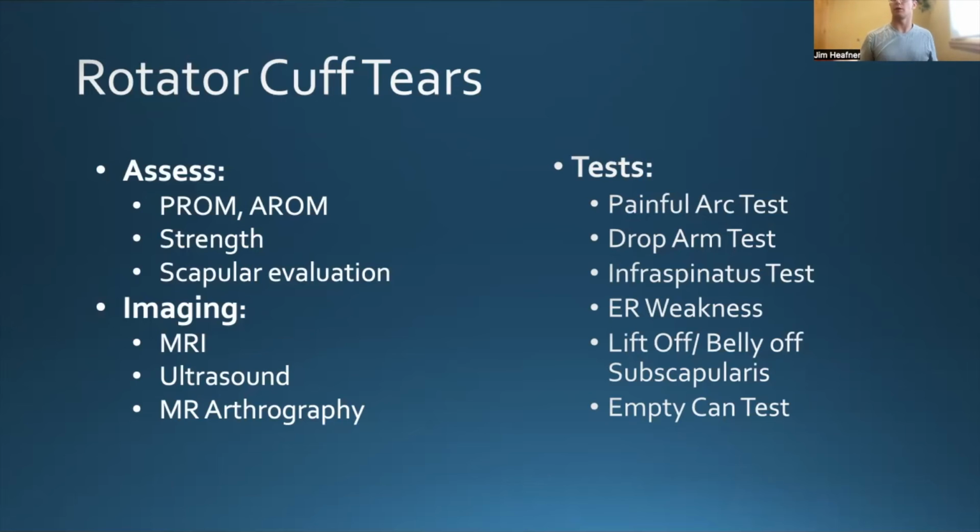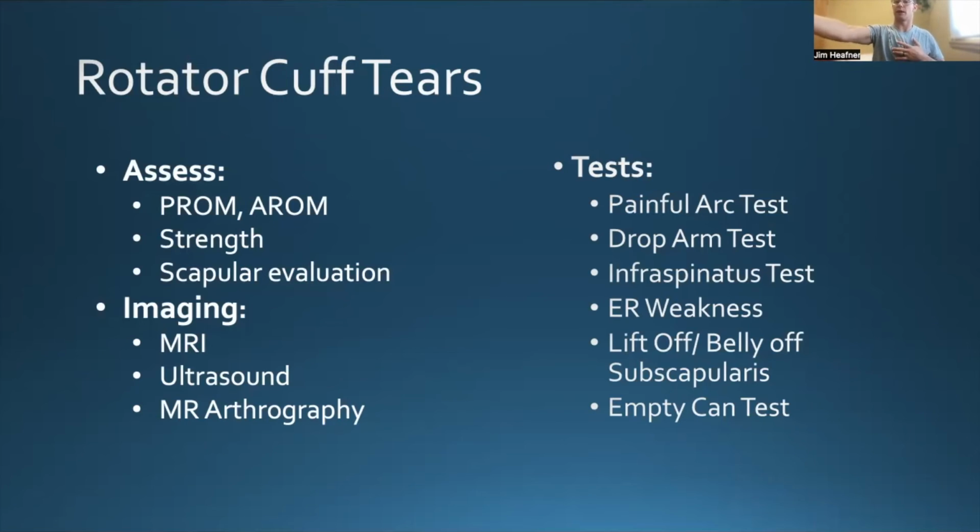With the external rotation weakness sign, what you'll see is, as you bring their arm out to the side, if they can't hold that position, it will slowly fall back towards the body. So they're unable to hold external rotation. Drop arm sign will be the same thing.